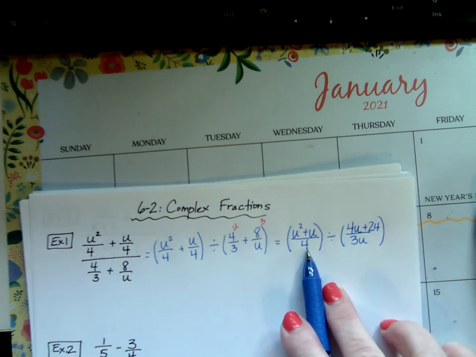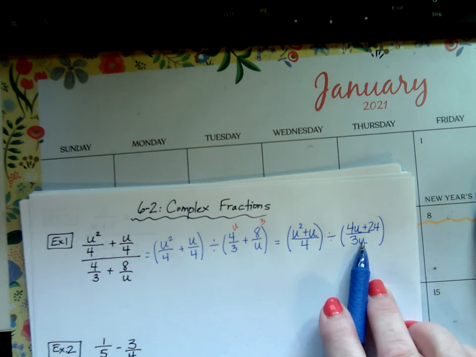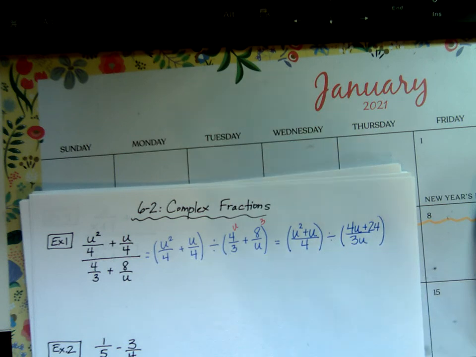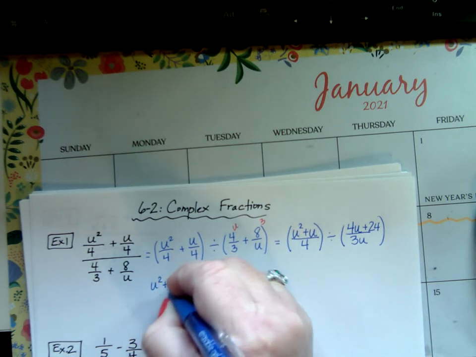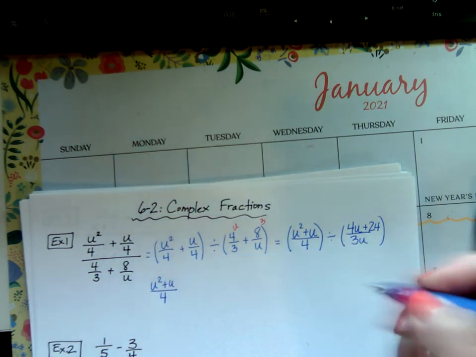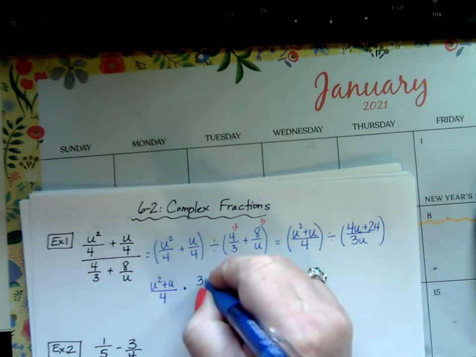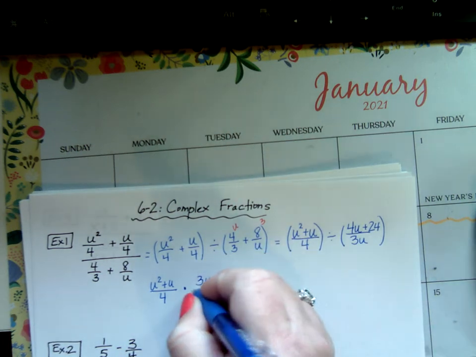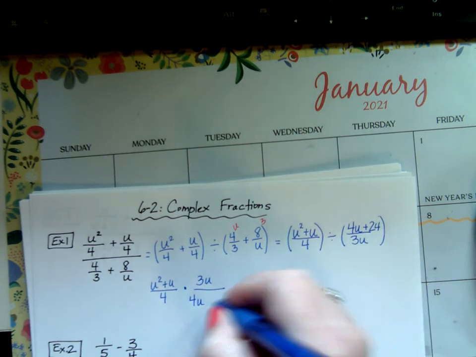So you keep the first fraction the way it is, you change this to multiplication, and then you flip the guy after the division sign. So here's your new setup. Your new setup's going to be u squared plus u over 4 times 3u, remember you're flipping, over 4u plus 24.